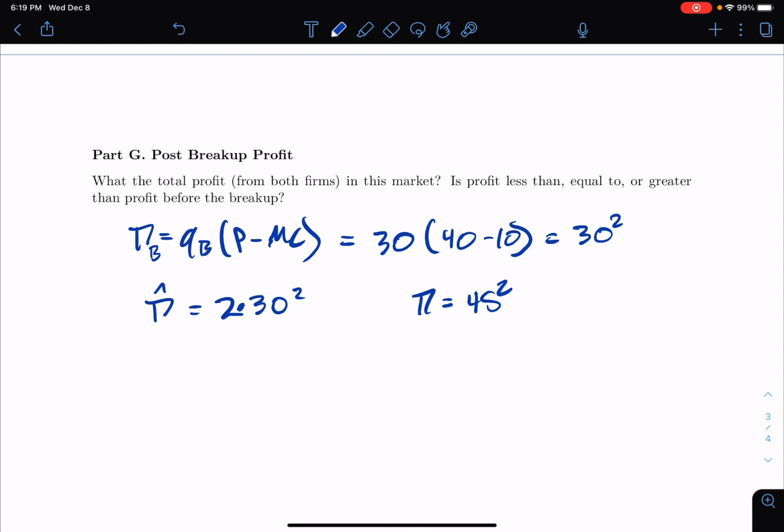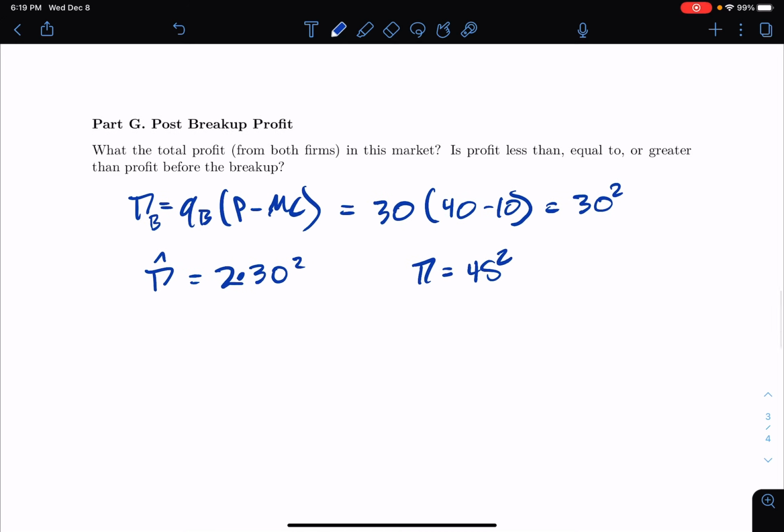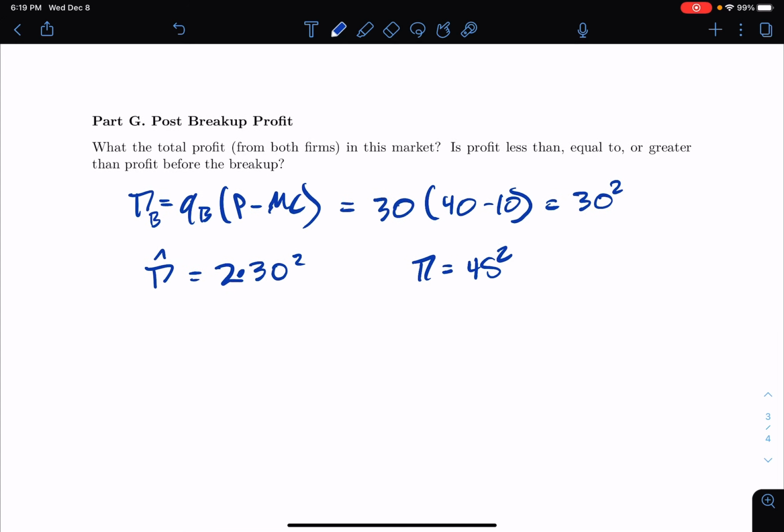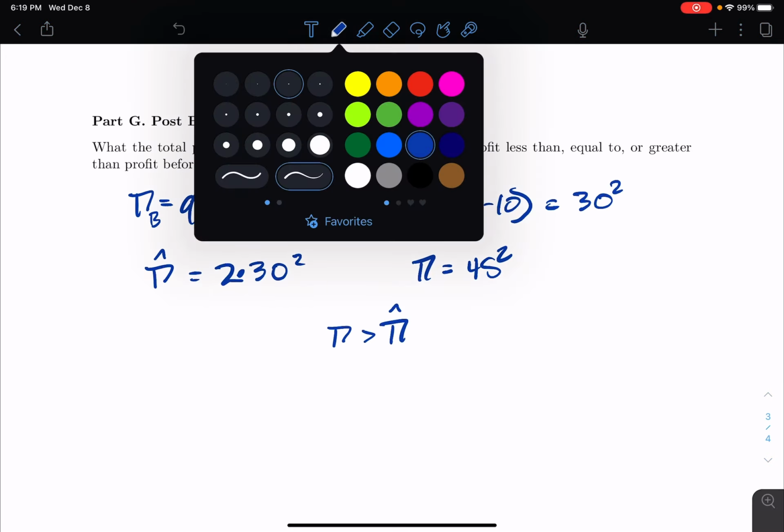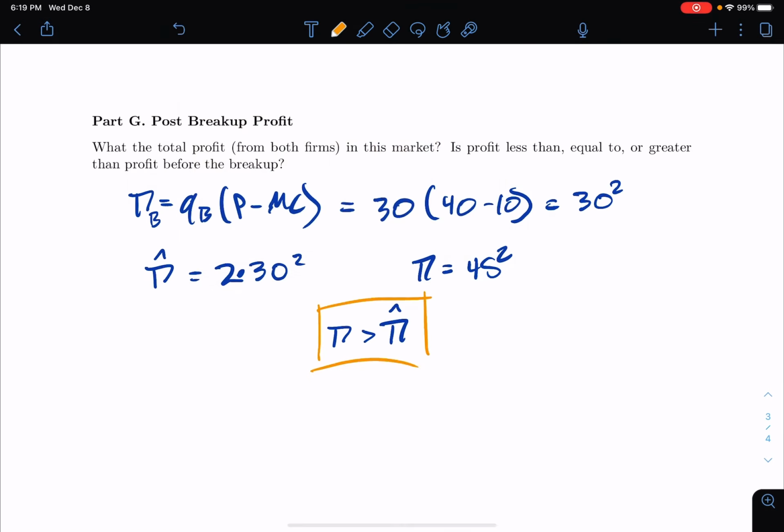And this turns out to be negative. So the profit for the monopolist is greater than the profit for the two firms.